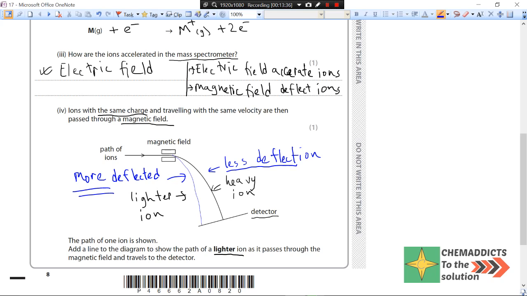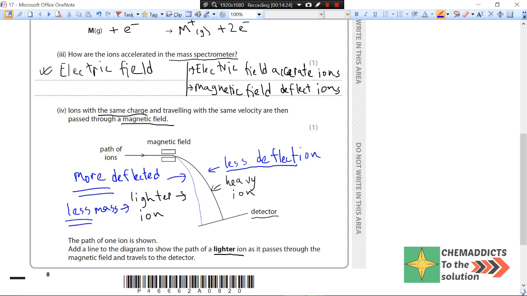Since the lighter ion has less mass but the same charge, it will deflect more in the magnetic field.